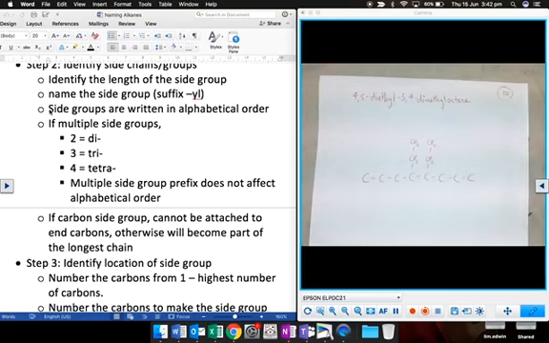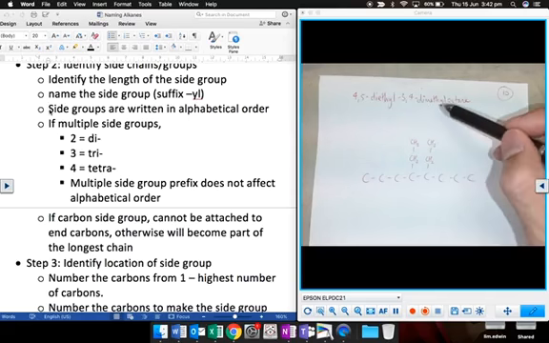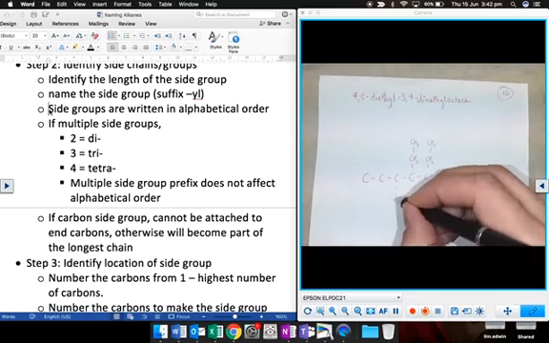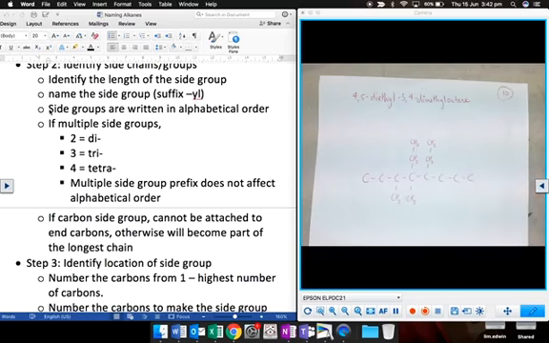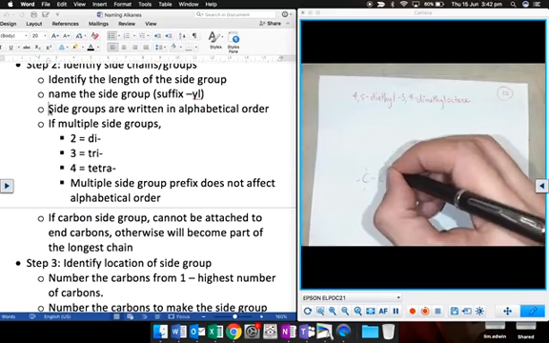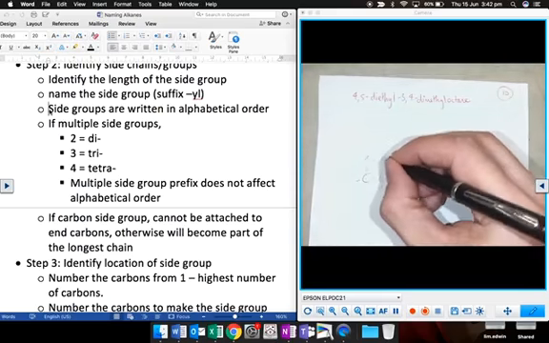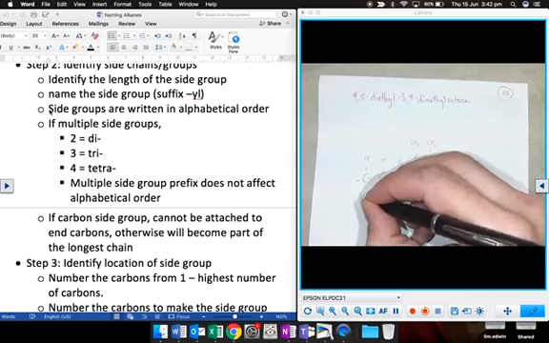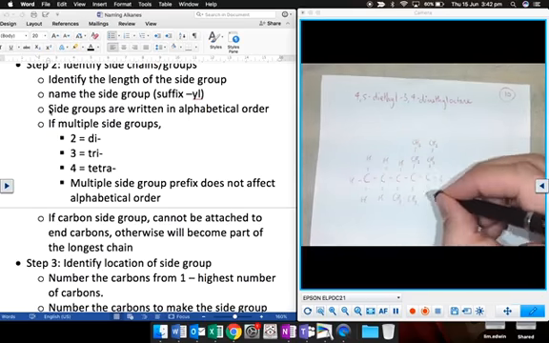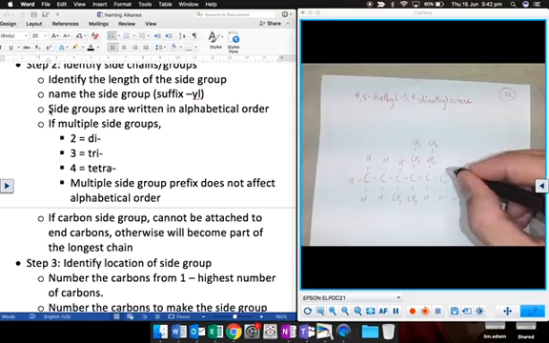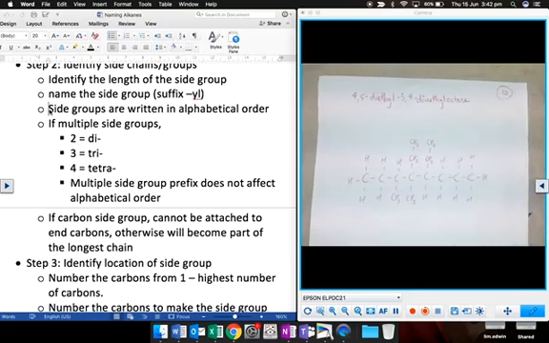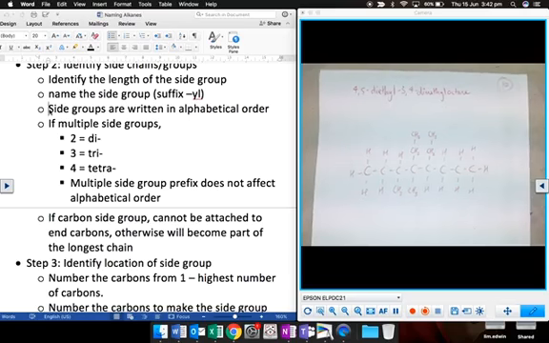I got 1 methyl group on the 3, 1 methyl group on the 4. Draw all these hydrogens out. There you have your structural formula.